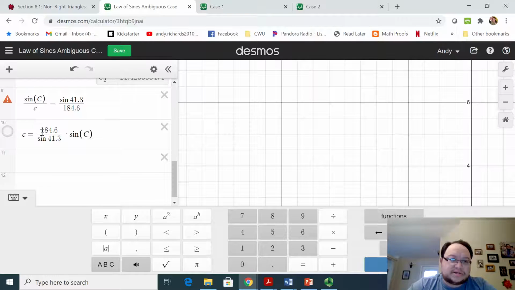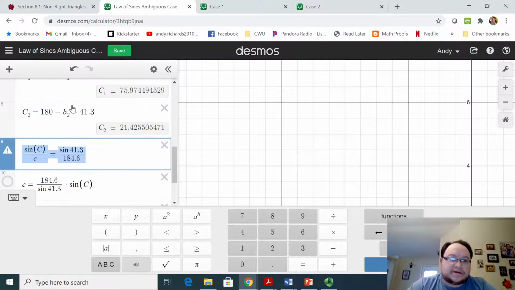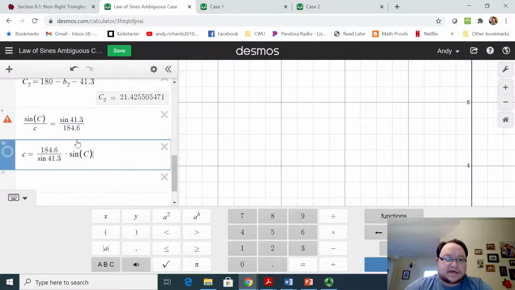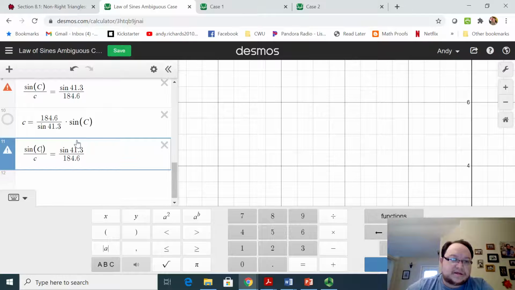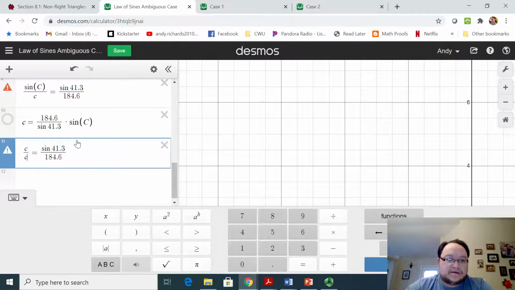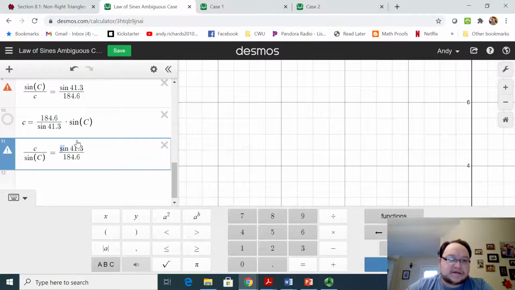And I could figure out what C is. Instead of writing it like this, I could rewrite it so that my sine of C is here. So that'll take me just a moment, 184.6, right? Because you can have your side lengths over your angle lengths.